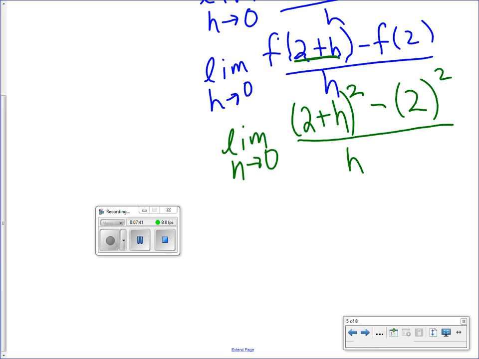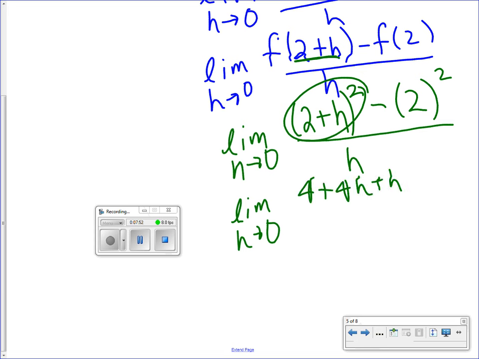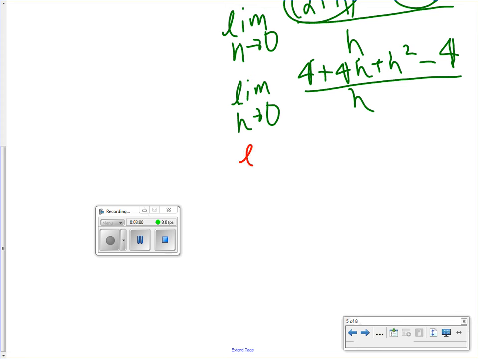Now I'm going to do algebra. 2 plus h squared, you do need to FOIL that out. It's 4 plus 4h plus h squared minus 2 squared, that's 4. And I'm going to simplify. In the numerator, 4 minus 4 cancels out.